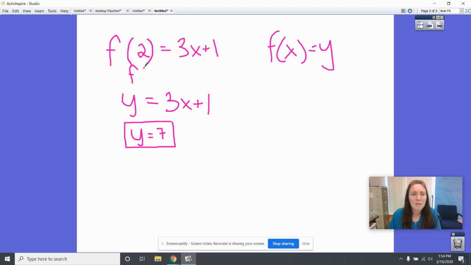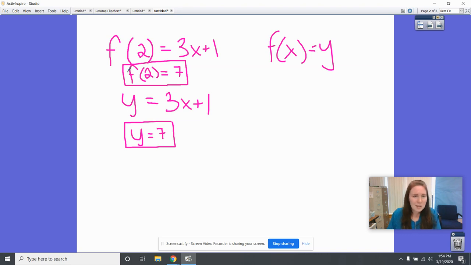But now I have f of 2 equals 7. So if I handed this to you on a little piece of paper, well, then I know that my input or my x value is 2, and my output or my y value is 7. So really, the benefit of function notation is just that it gives you a little bit more information.